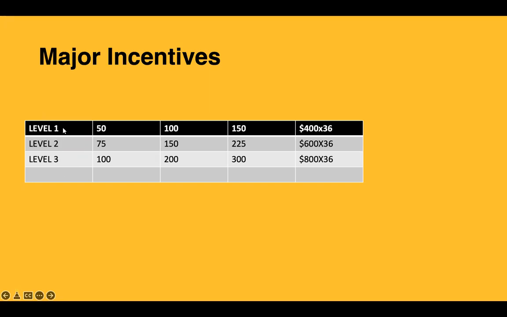Now, in order for you to qualify for level 1, you need to do 50 cc's in month 1, 100 cc's in month 2, and 150 cc's in month 3. If you do this, you'll qualify for Forever to Drive level 1, and that will entitle you to getting $400 every month for the next 3 years on top of your bonus.